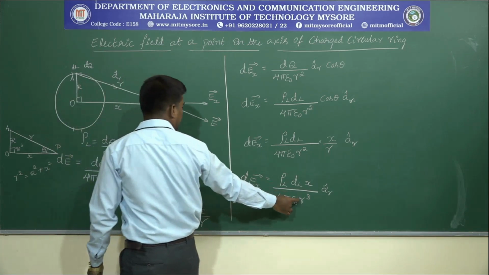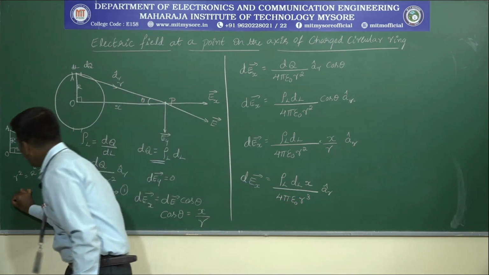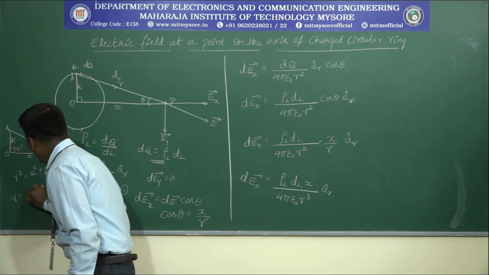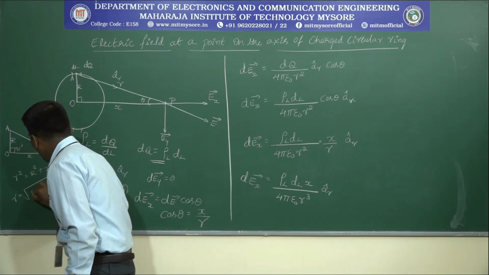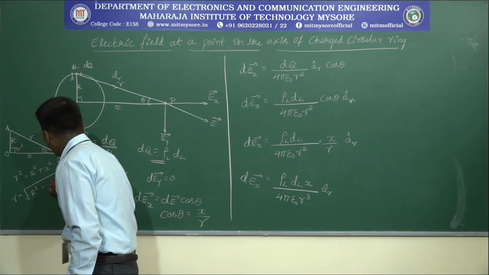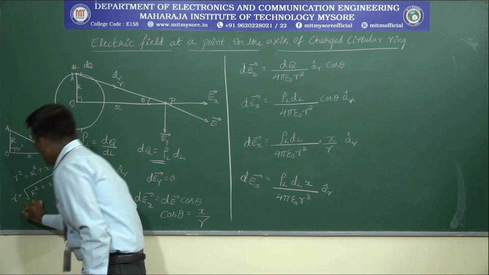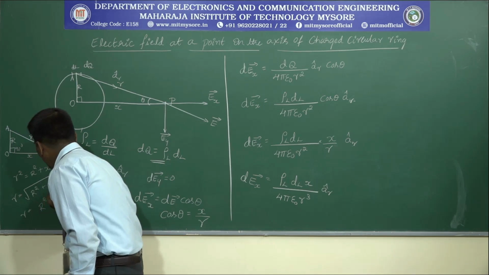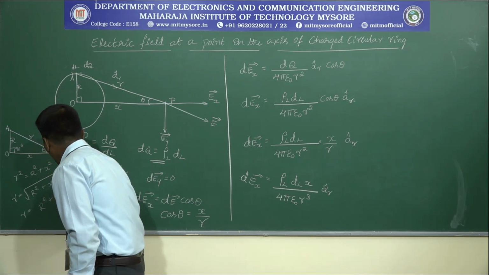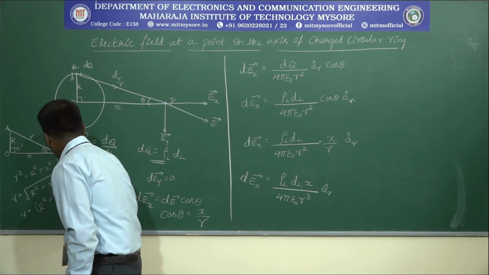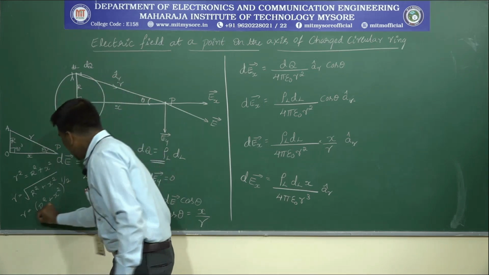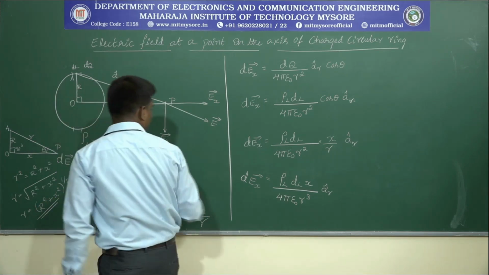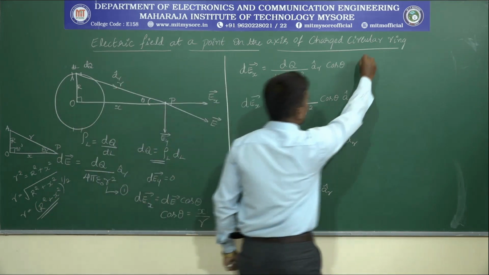What I need here is R. So the equation for R is equal to square root of r square plus x square. In other words, R is equal to (r square plus x square) whole power 1 by 2. Got it? Then substitute this R into this equation.